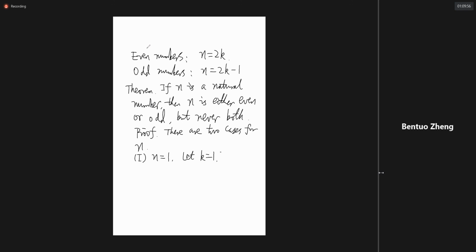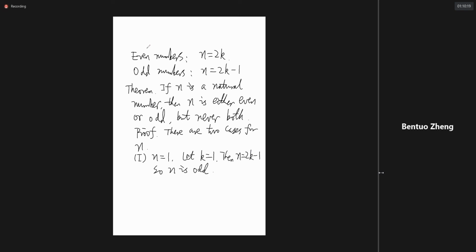Then n is equal to 2k minus 1. Okay, this is obvious. n equals 1, so 1 is equal to 2 times 1 minus 1. So n is odd. So this is a simple case.